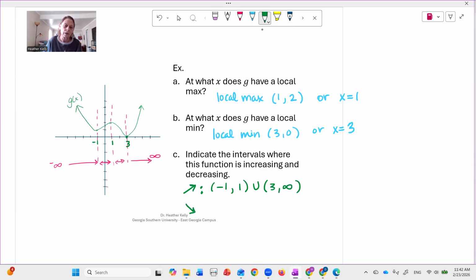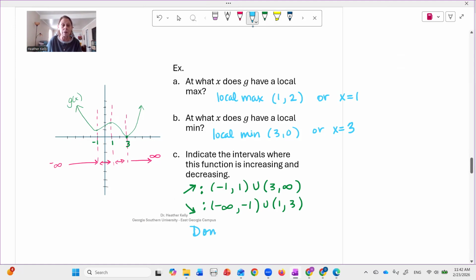And then we look at the decreasing. We're decreasing from negative infinity to -1 and 1 to 3. And again, like I mentioned before, all of these intervals have to connect so that the entire domain is covered. Let's just cover our rear ends here.